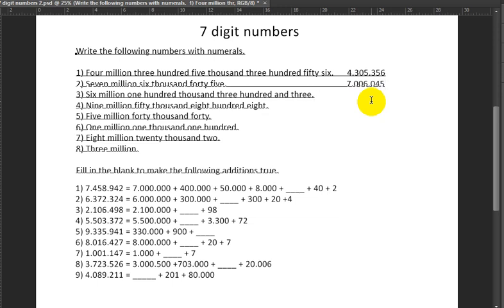Next up, 6,100,303. No tens mentioned, so that means 0 in their place.